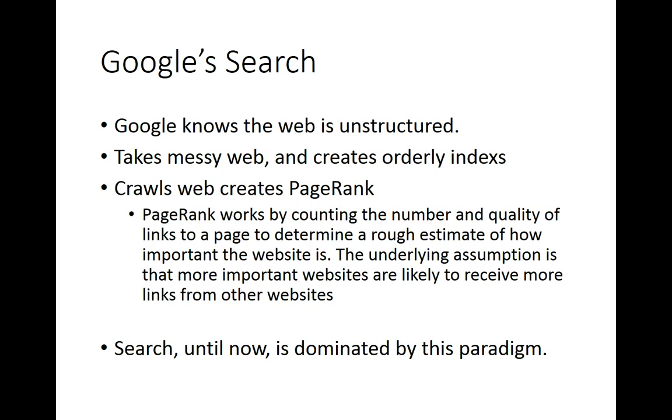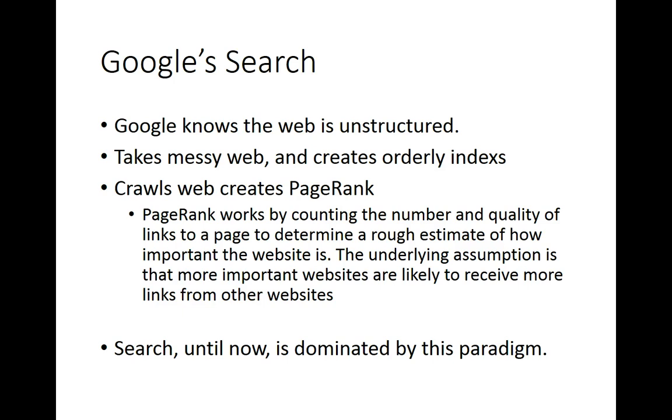But so, search. What Brin and Page went on was that the web is very unstructured. You're thinking about people putting up websites of their cats, anything from that to the Library of Congress putting up their digital library materials.